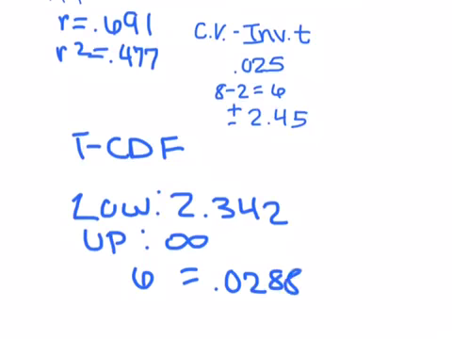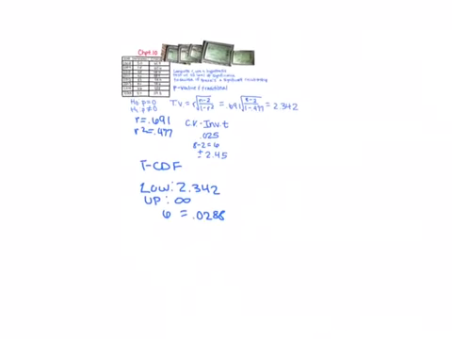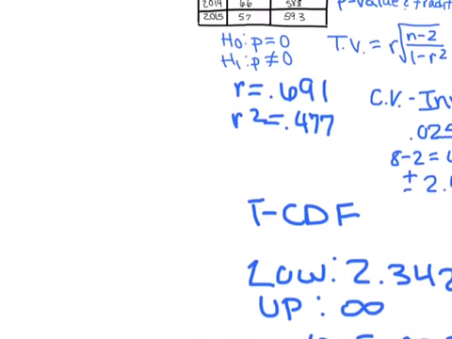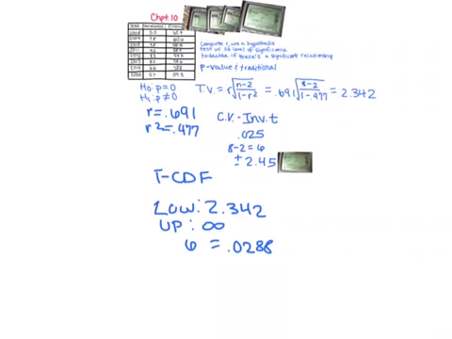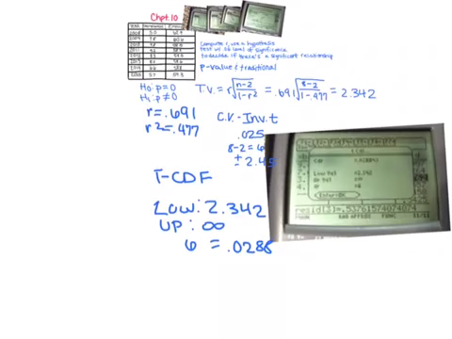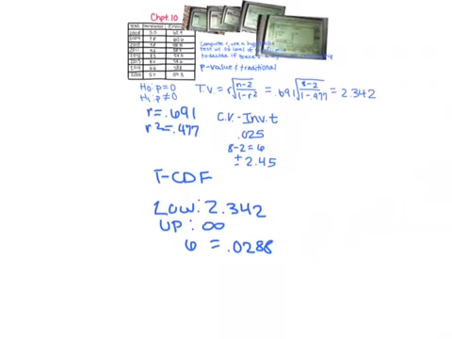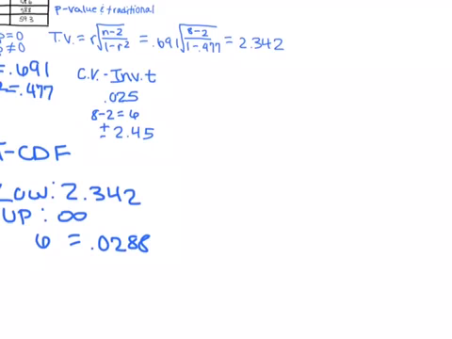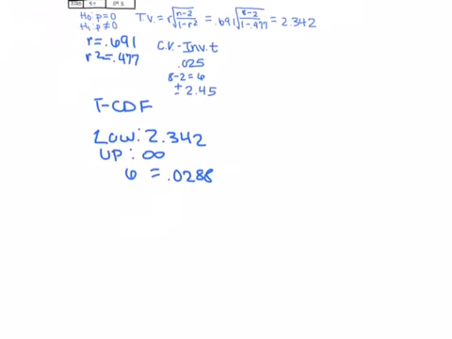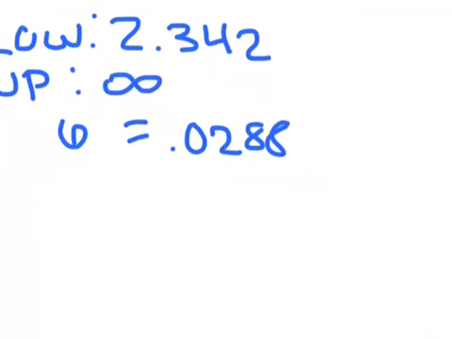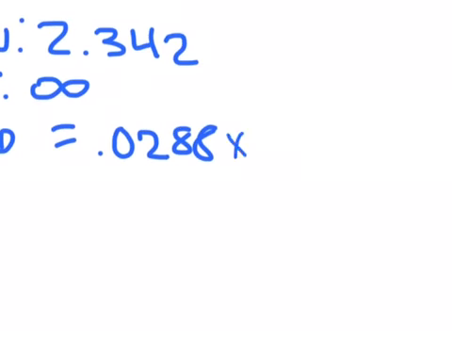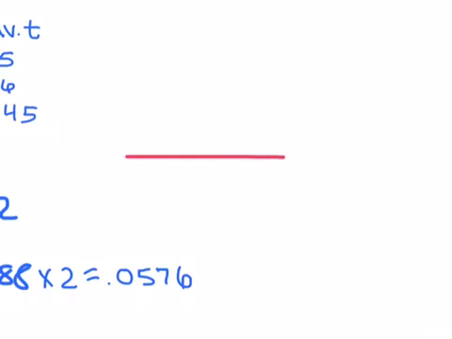On the calculator, you can see TCDF, and there's your answer. Because it's a two-tailed test, you multiply the 0.0288 by 2, and that will give you 0.0576.